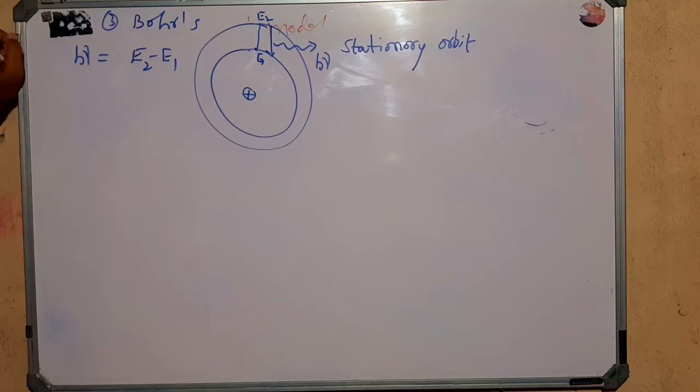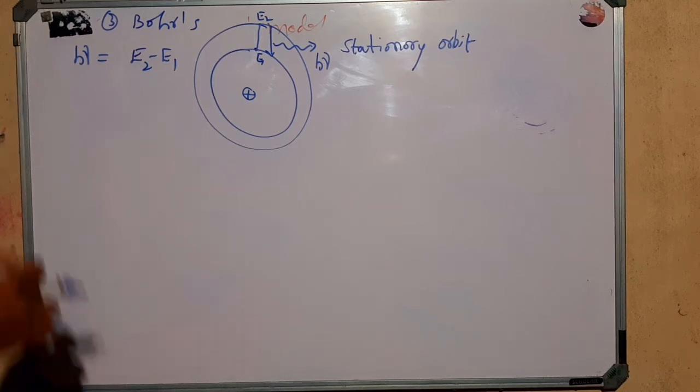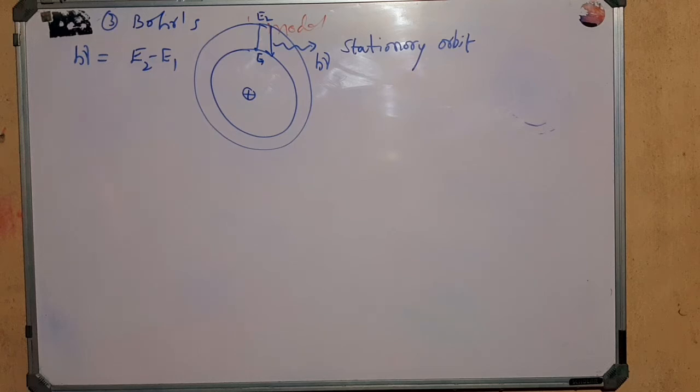Therefore, Bohr's theory is also not so much of a success. Moreover, complex spectra could not be explained using this theory. So from all these, Bohr's model is discarded.